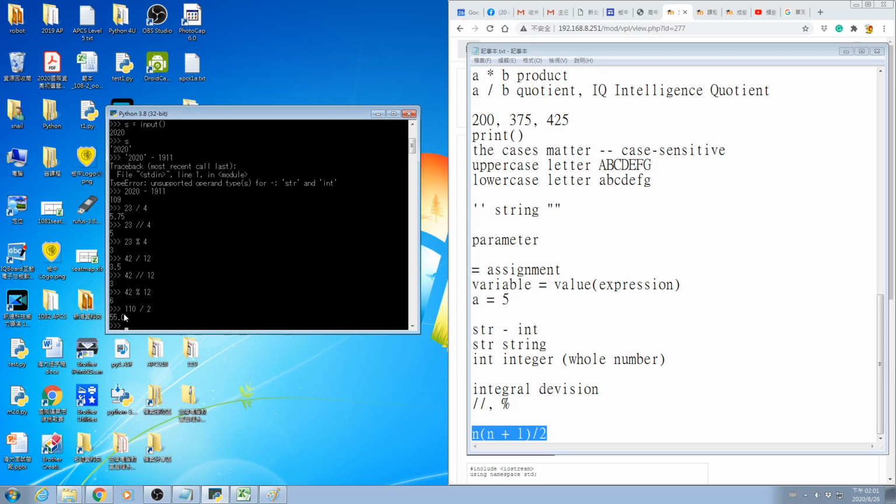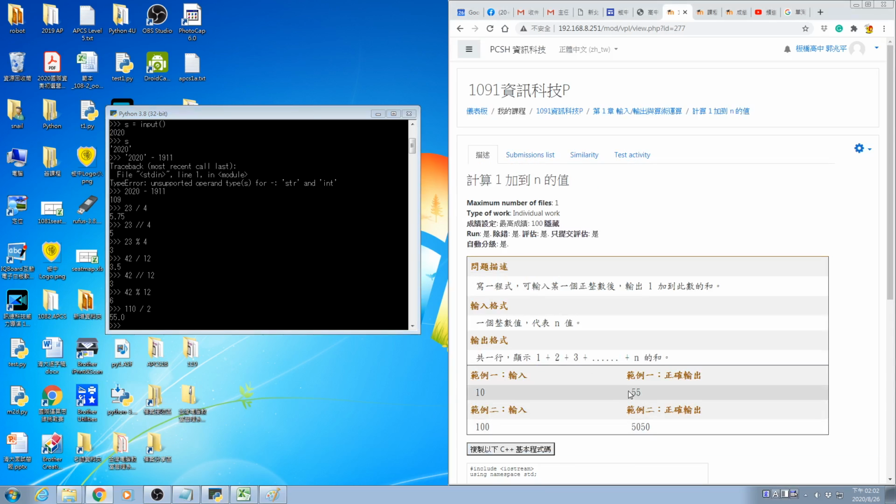If you output a dot 0 at the end, are you going to pass the problem? No, you are not, because the problem wants you to output 55, not 55.0.